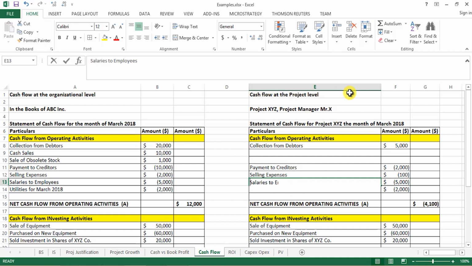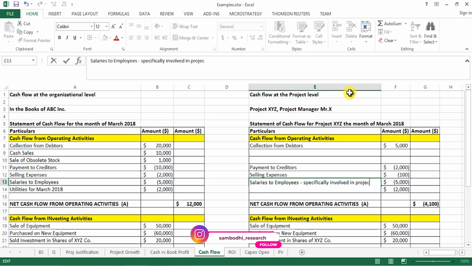Salaries to employees. Here we need to put one more thing. A project can have a couple of employees specifically hired for a particular project, or they can have the common resources of the company which are available to all the project managers. We'll put into account only those salaries which are paid to employees who are specifically hired for or specifically involved in project XYZ.